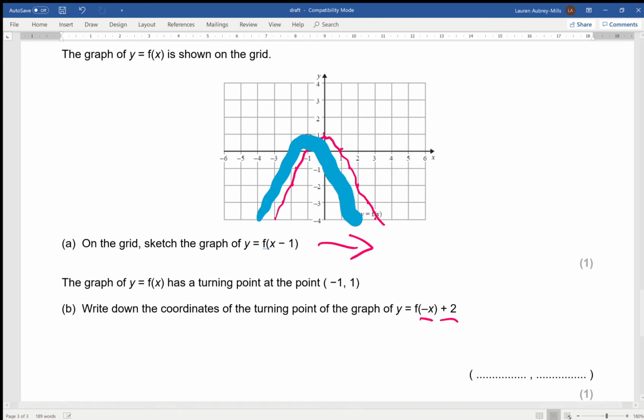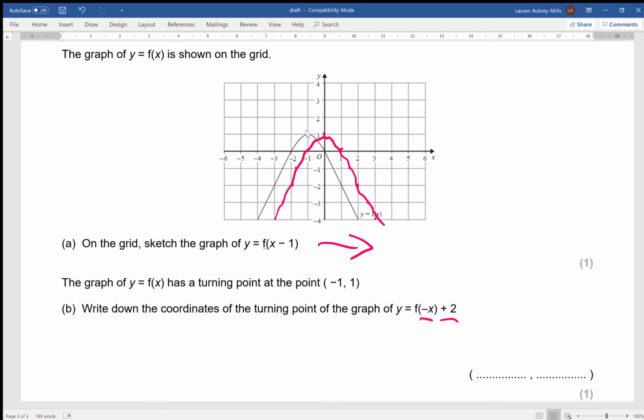I'm just going to rub that out, sorry. So that's the one we're going to be moving. So write down the coordinates this time. They don't want you to draw it or anything. They just want the coordinates of the turning point of the graph. The turning point is where it turns. It's going up and then it turns down. So that's the turning point.